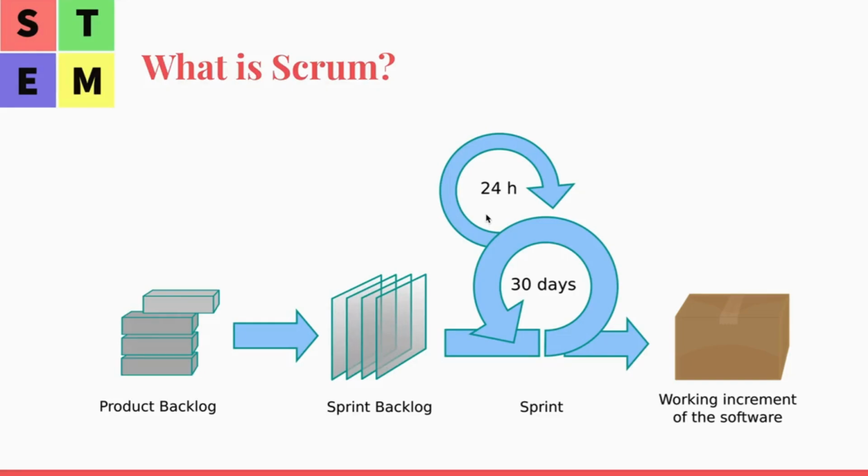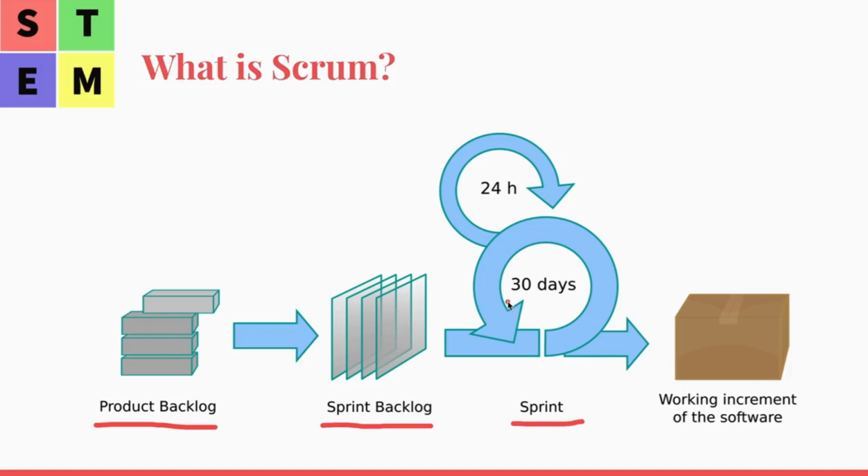Here's the graph that shows what Scrum is really about. We have something called the product backlog. It's a list. Then the picked product backlog items go into a sprint backlog, and the sprint backlog will be worked on by the Scrum team during the sprint.